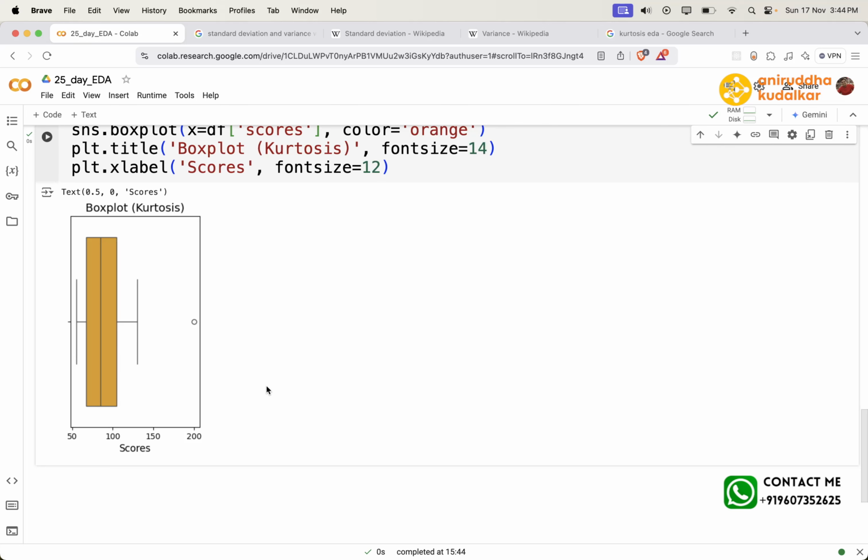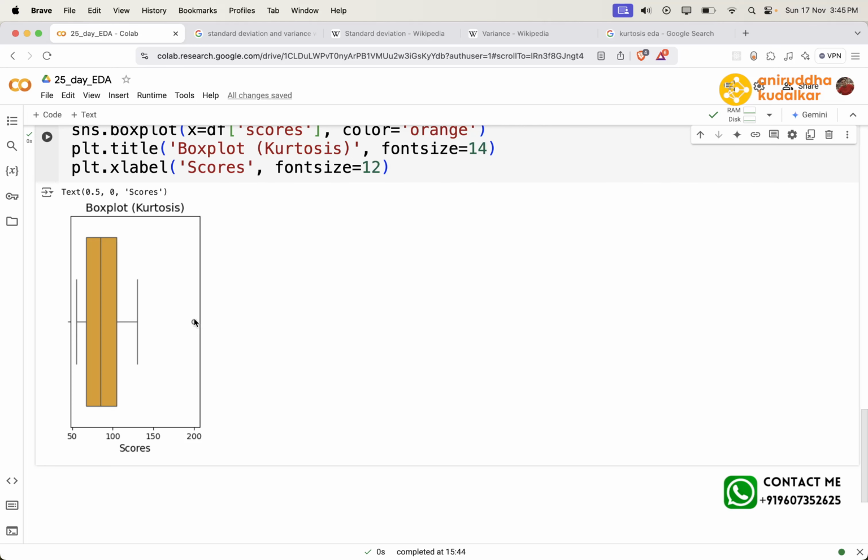Now the box plot. To understand the things, we use the box plot. It is also saying the same thing. Your values start from here. One line represents the mean or median, which we are going to talk about. And 200 over here is the outlier.